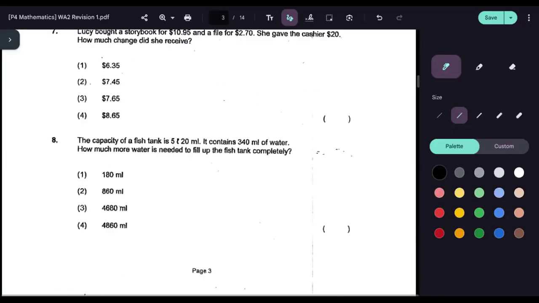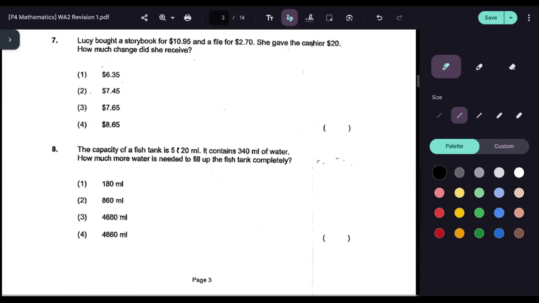That's it. Okay, next. Lucy bought a storybook for $10.95 and a file for $2.70. She gave the cashier $20. How much change did she receive? Okay, for this one will be 20 minus 10.95 minus 2.70. And because I am not primary 4, I'm going to use a calculator. Sorry, let me give me a moment for a bit.